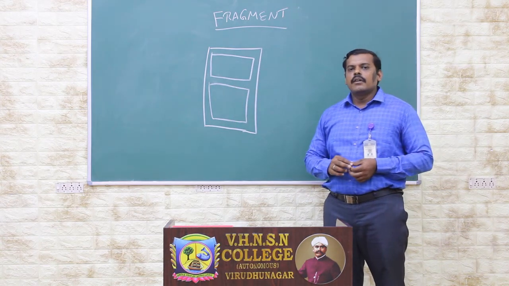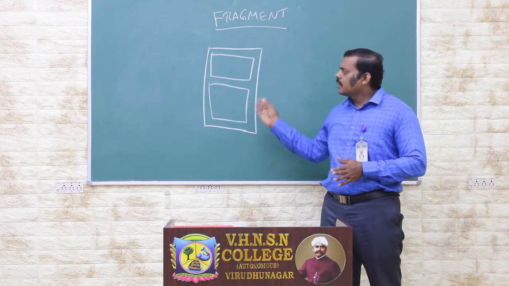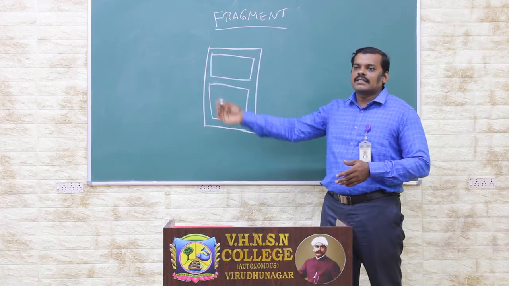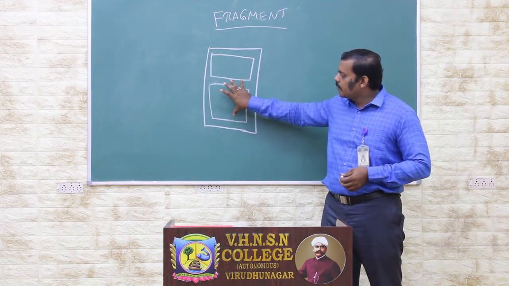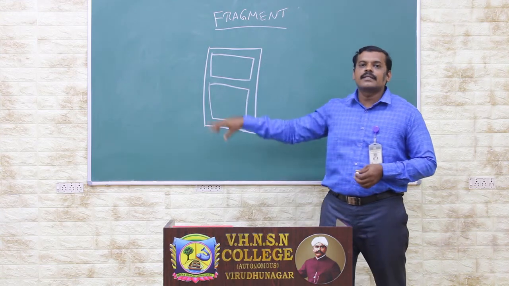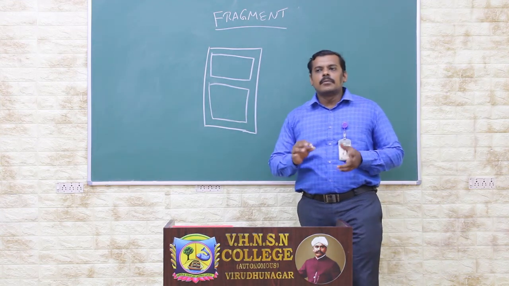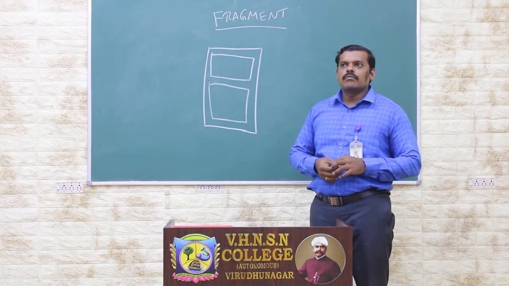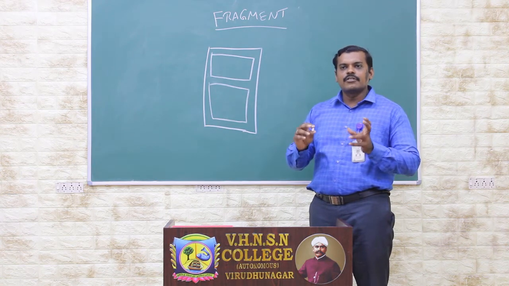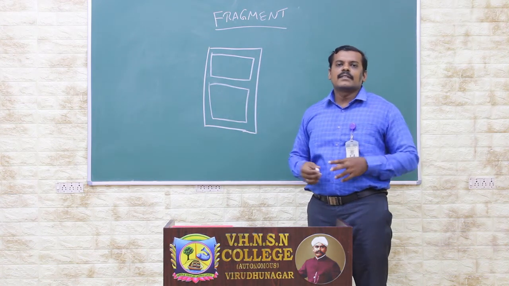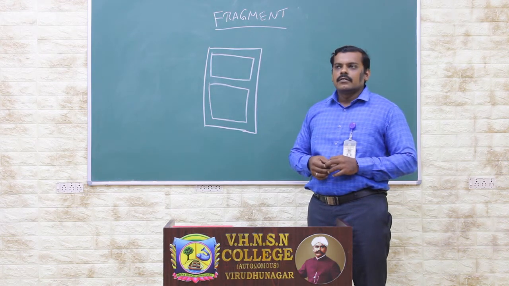Whenever we need the support of fragments, we may include it. If we don't need that support, we may remove the particular fragment or replace it with some other fragment. Whenever the fragments need to communicate, they need the support of the activity.